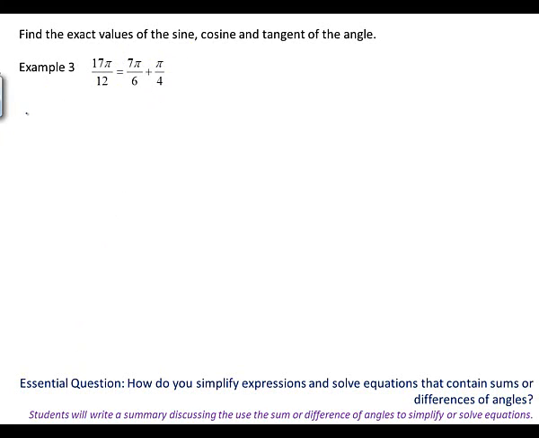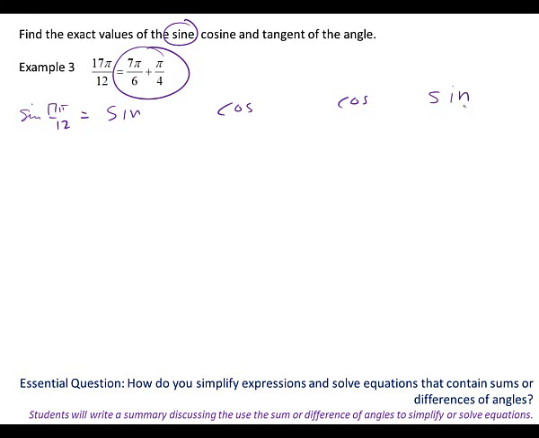What we're really finding, though, the notation we would write is 17 pi over 12. But we know it breaks into 7 pi over 6 plus pi over 4. So I'm focusing on the sine. If I'm doing sine and I'm doing my little chant, what is my chant for sine? Sine, cosine, cosine, sine.